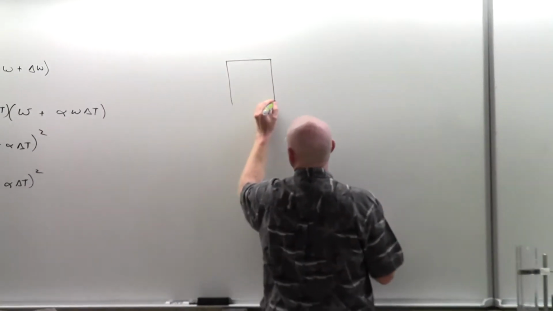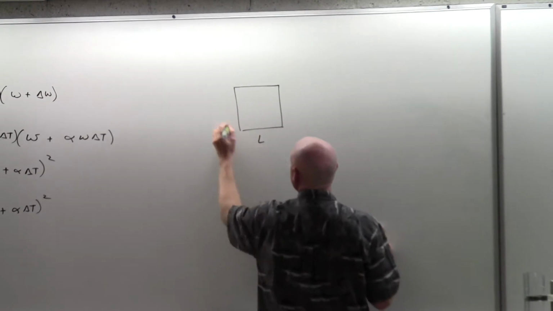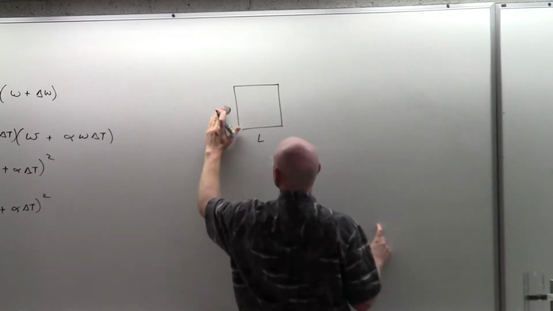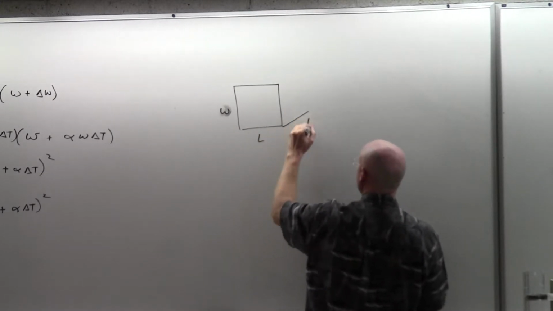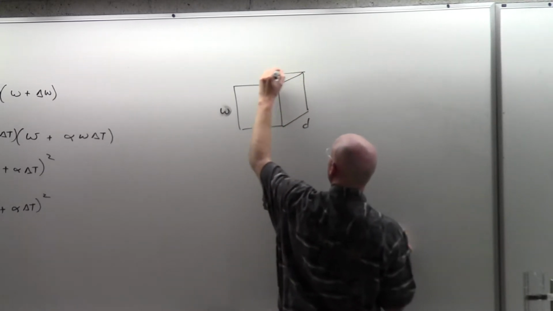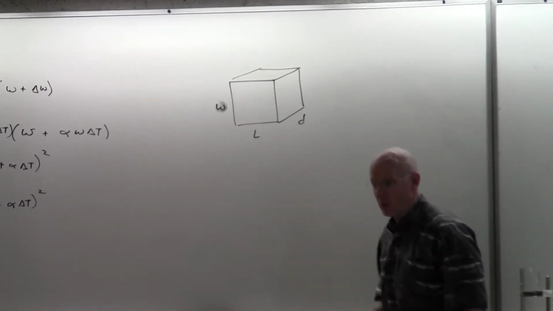What do you think would happen if I took an object that had a length, well, I'll do width for height, what the heck, and then I'll do a D for depth or something. But if I have a three-dimensional object, what's going to happen when I warm that up?